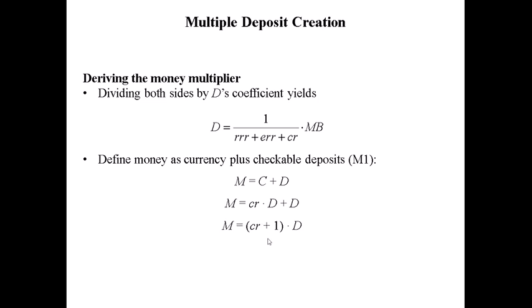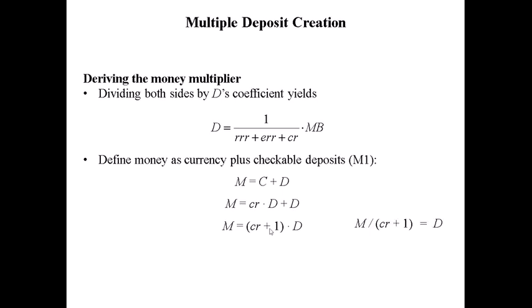We're going to factor out the D here. When we factor out D here, we're left with 1, and when we factor out D here, we're left with the currency ratio. You can see this if we distribute: D times 1 is D, and D times CR is CR times D.